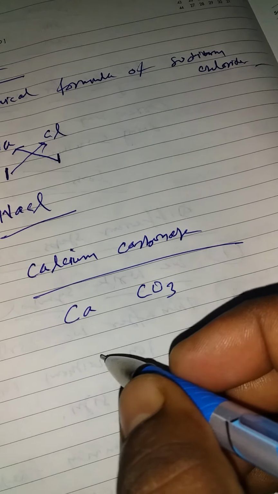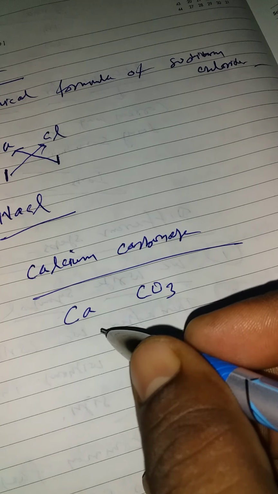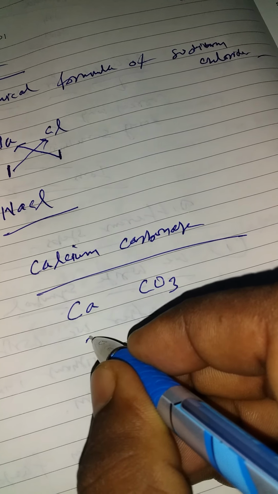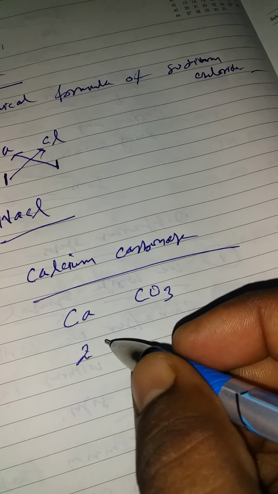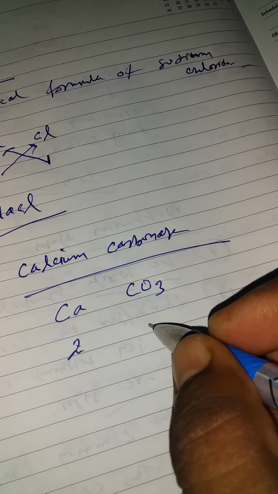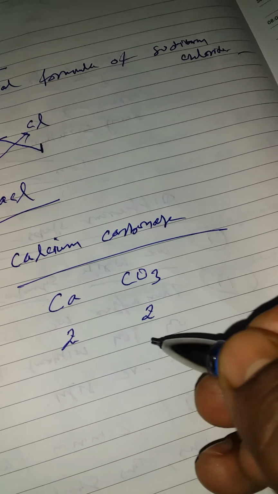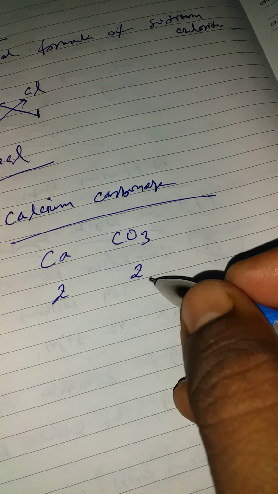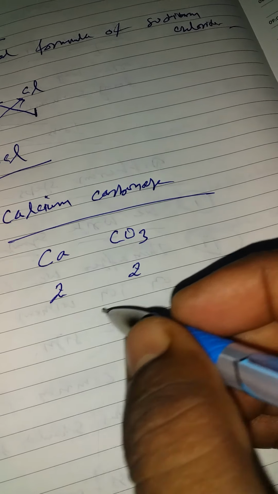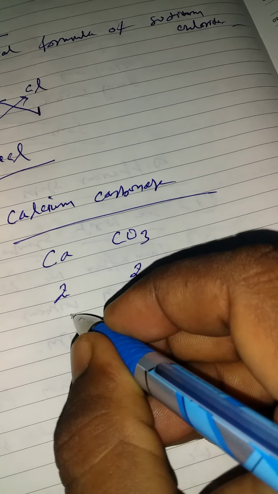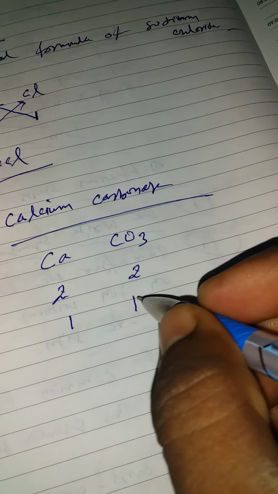Here charges on it, that is calcium is +2 and carbonate is -2. We write without indicating their positive and negative sign, 2, 2. Here common factor is 2, that's why it should be written as 1:1.